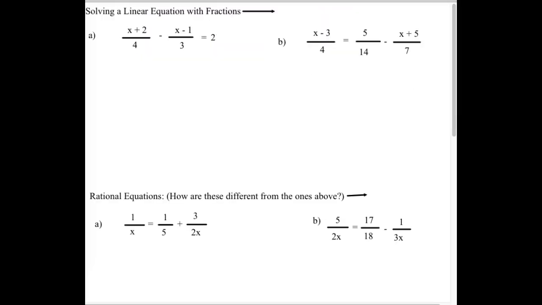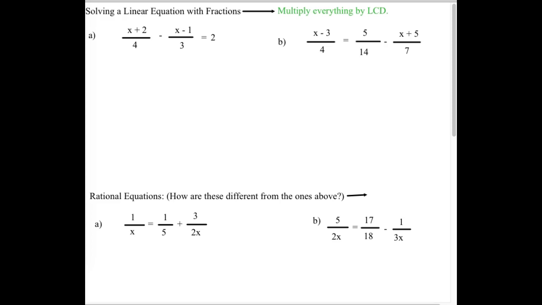Our next set of questions involve fractions. These first two are still considered linear equations because there's no variables in the denominator, right? It's just like saying our coefficients would be a 1/4 and a 1/3 instead of integers, okay?